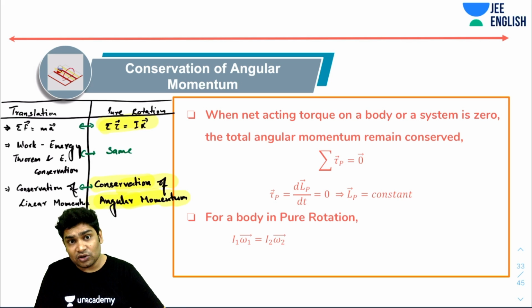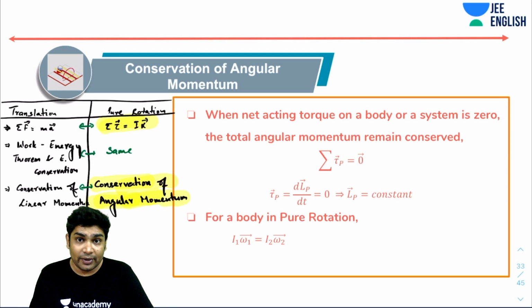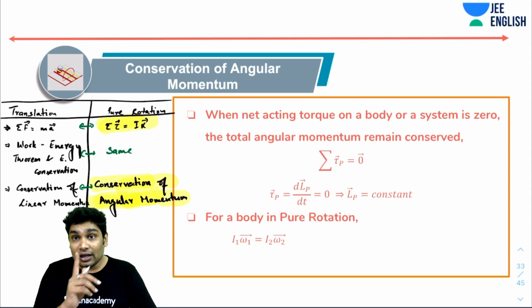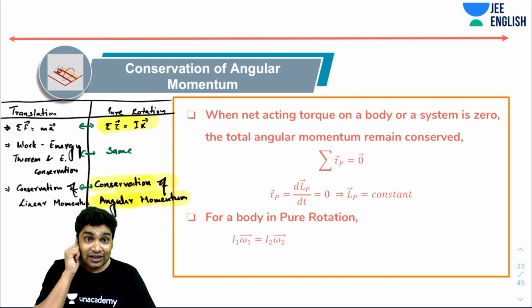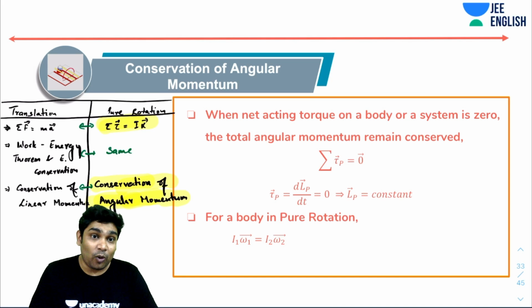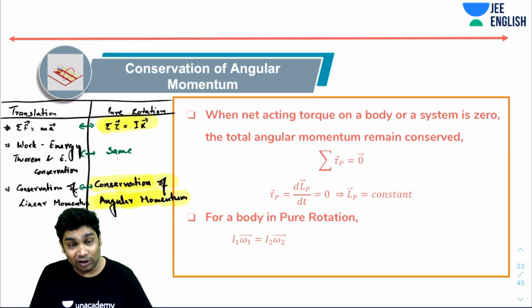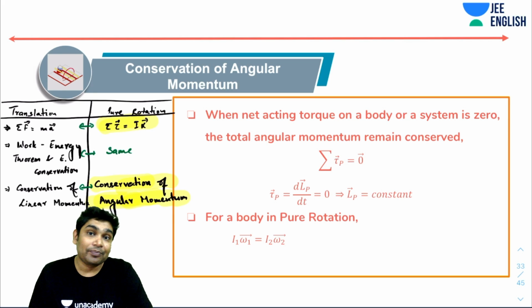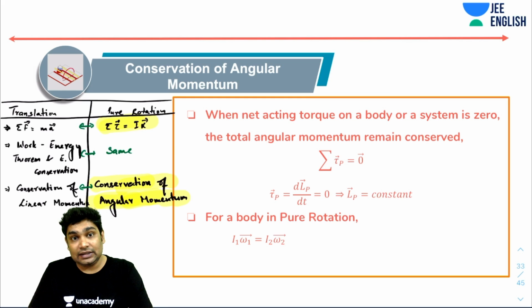If the total external force was zero, then the linear momentum would remain constant. Same is here. However, please note one thing is different. If you have the net torque acting about one point as zero, then about that point the angular momentum would remain conserved. Similarly, if about one axis the torque was zero, then about that axis the angular momentum would remain conserved. So that is a slight difference here.